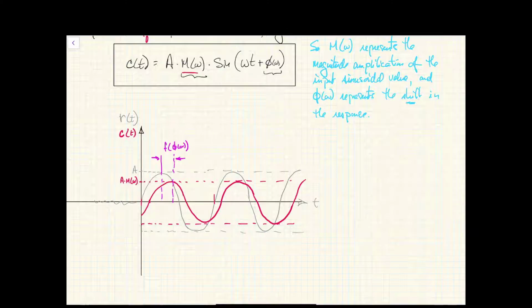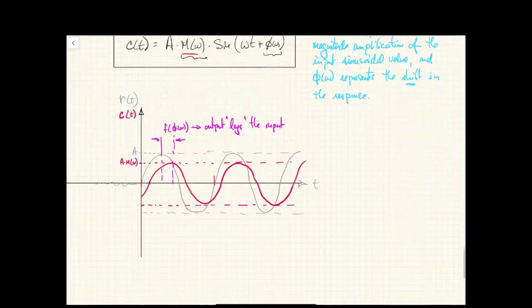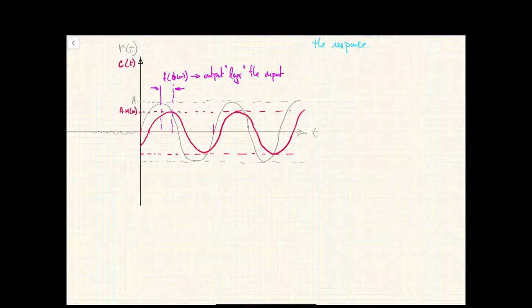So in this particular case, my output lags the input at steady state. But if the red curve was shifted to the left sufficiently, it's possible that my phi would be negative, and then we would say that my response leads the input.